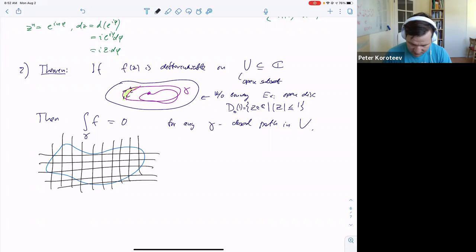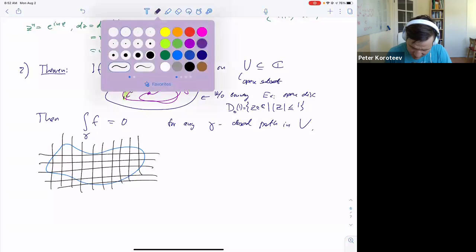But it's a stronger statement. It's not just a derivative at a point, it's a derivative in an open subset, right? Like a derivative on a disk or in some open square. So if the derivative exists at every point of the set, then all derivatives exist, and this theorem is true.